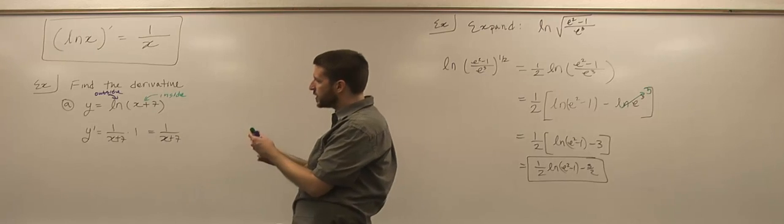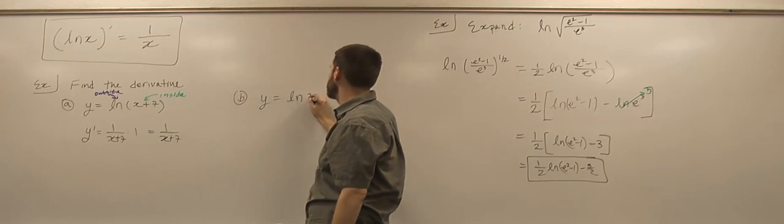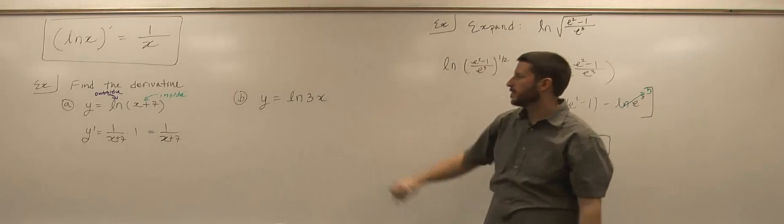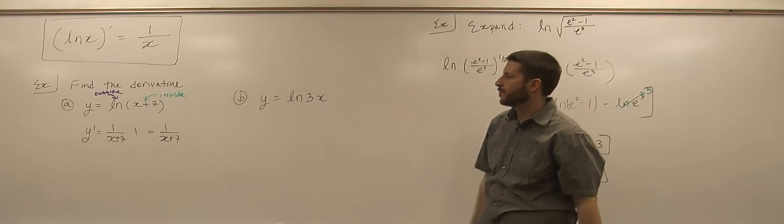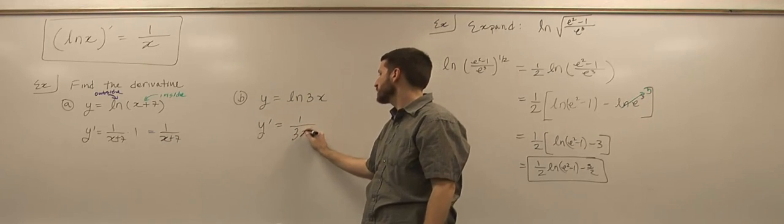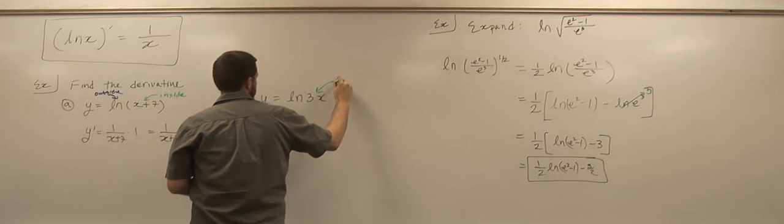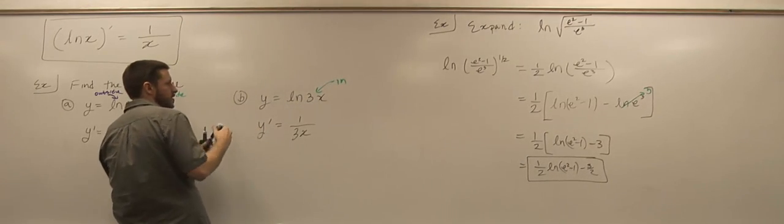What if I have a constant multiple, like y equals ln 3x? How would you do the derivative here? Y prime would be 1 over 3x, but then you have to multiply by the derivative of the inside. All right, you see the chain rule here?